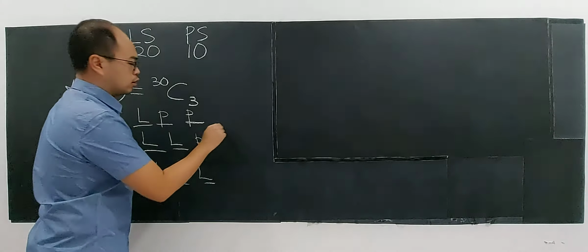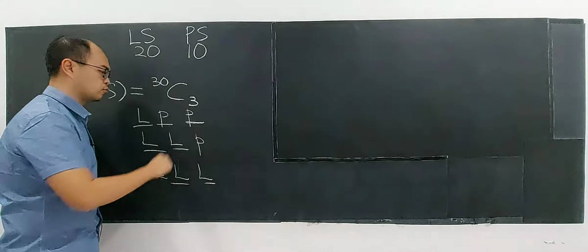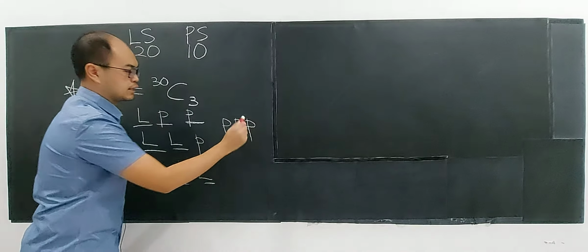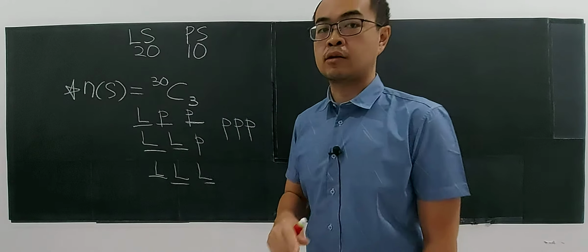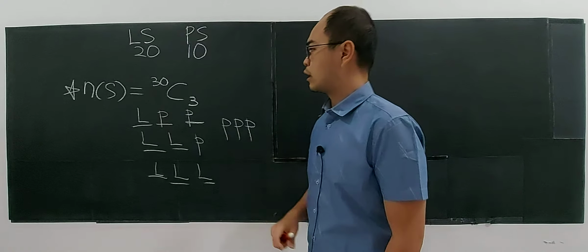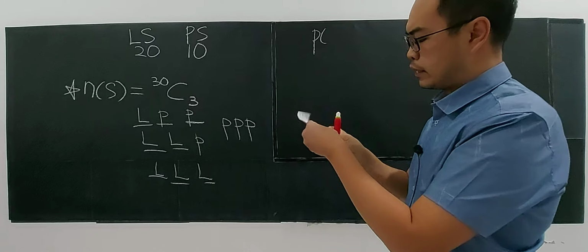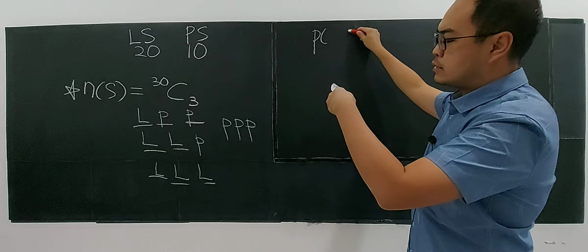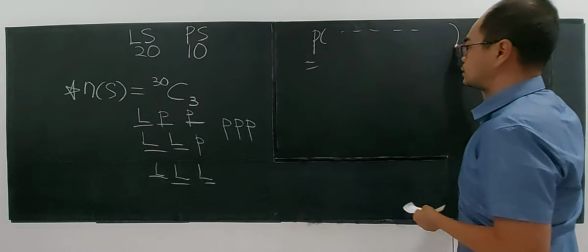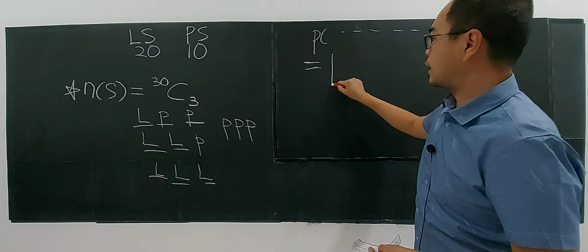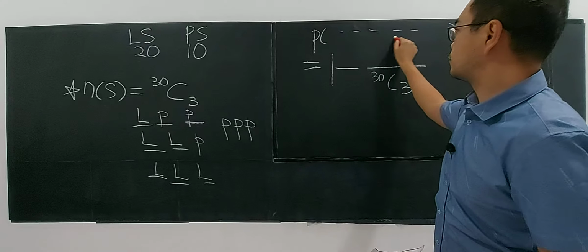The opposite of this event, the complement, is that all are physical science. So how to calculate the probability? In this case I use the concept of complement, which will be easier. The probability that at least one committee member is from life science equals 1 minus 10C3 over 30C3.